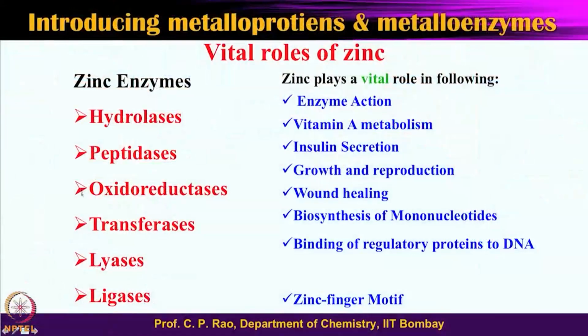Here is a slide where I have shown all the different kinds of functions that zinc enzymes show, more than about half a dozen. Just initially look at the left side, these are the main functions. They can function like hydrolases, they can function like a peptidase. Hydrolases means adding water.